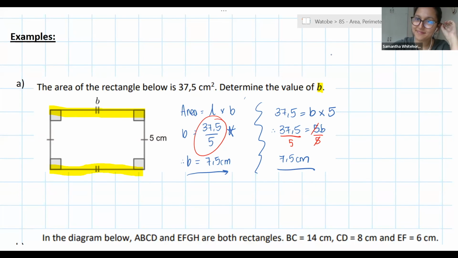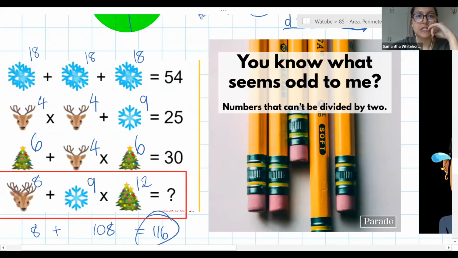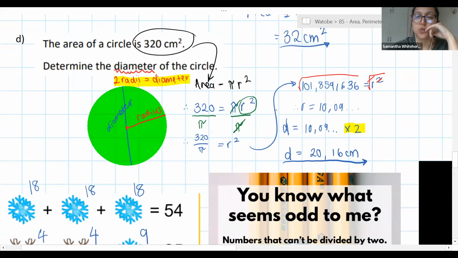I just wanted to ask, in what situations do you know that you need to divide a number by pi? Okay, good question. I suppose one of them would be in a situation like this last question where we're solving for the radius, which is actually the value that's been multiplied by pi.